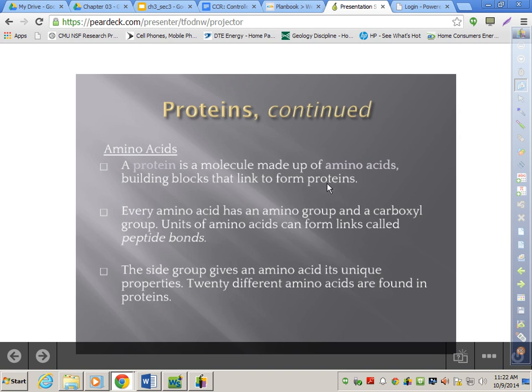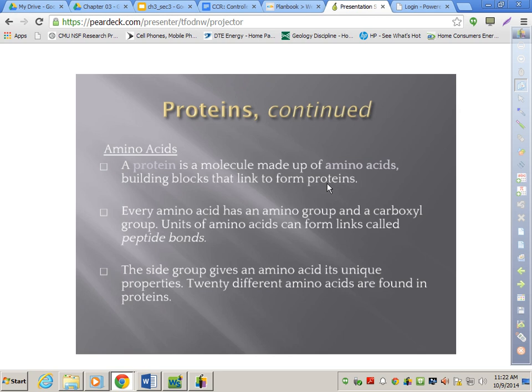So every amino acid has an amino group and a carboxyl group. We just talked about that. Units of amino acids can form links called peptide bonds. Oh, shoot. There's another bond. So now we've talked about covalent, ionic, polar covalent, hydrogen, and now another one, a peptide bond. All you have to know about a peptide bond, though, is that it is the bond that holds together amino acids.